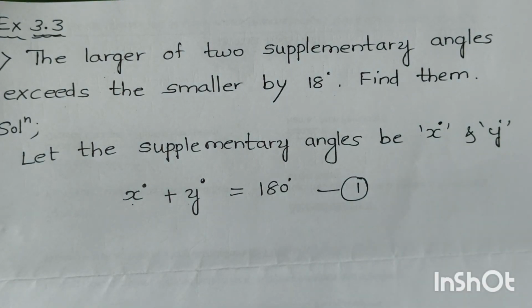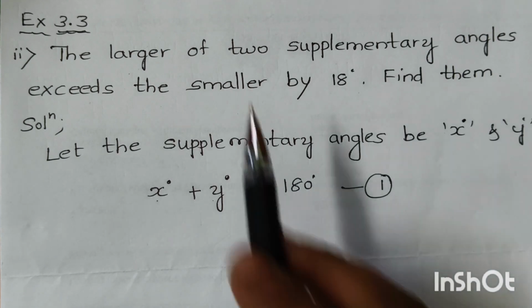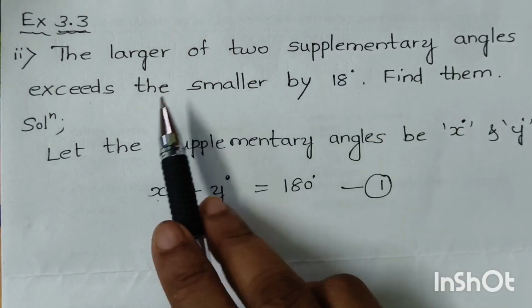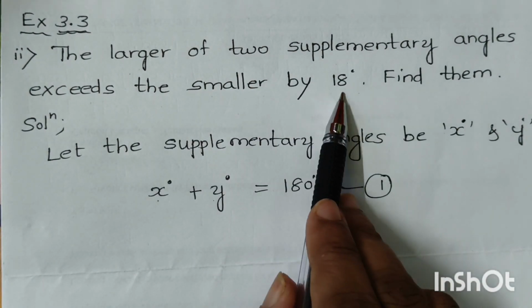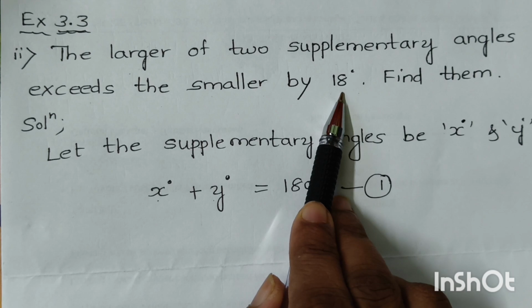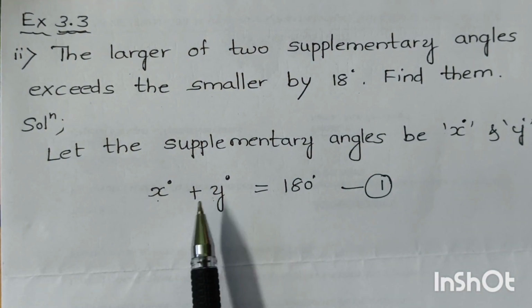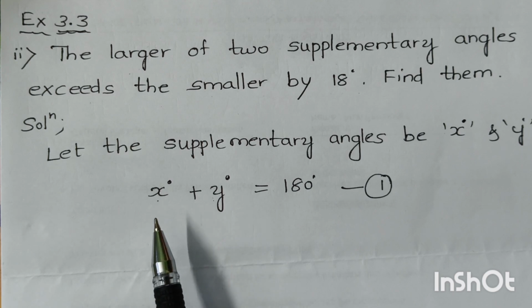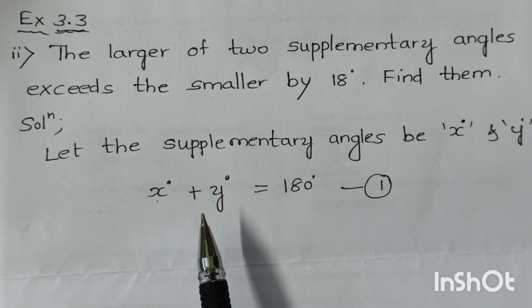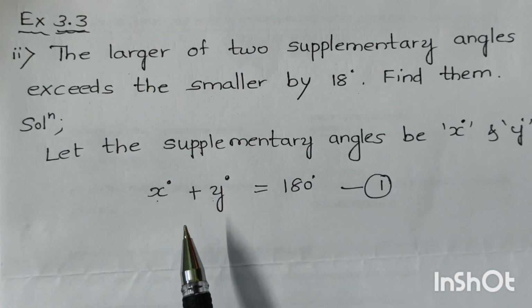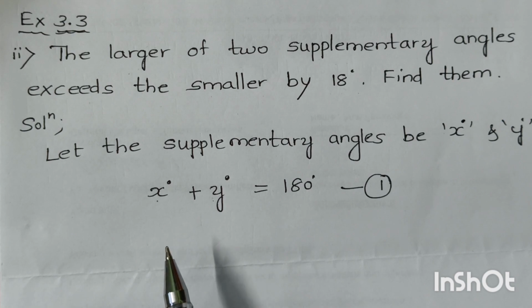Now let us read the question. The larger of two supplementary angles exceeds the smaller by 18 degree. What are they saying? These two are supplementary angles, but one angle is more than the other. Right? But how much more?